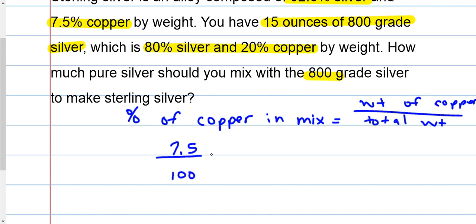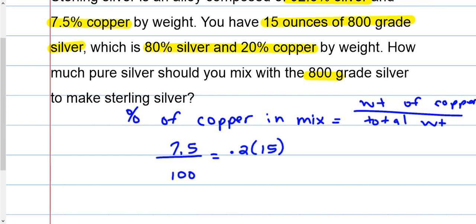My weight of my copper, well, it's 15 ounces, and it's 20% copper, so I'm going to multiply 0.2 by my 15 ounces, because I know out of that 15 ounces, 20% of it is copper.